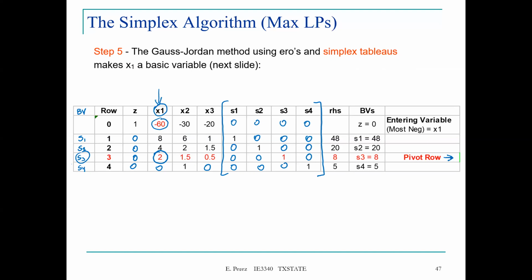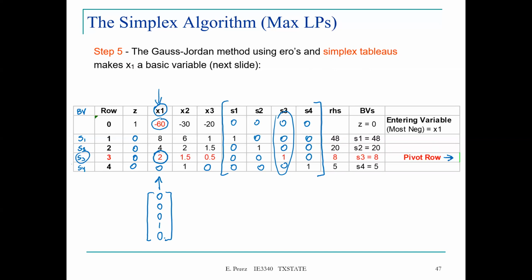So S3 is leaving. So what that means is that this column right here has to become this column. So the format of that column has to be now 0, 0, 1, 0.